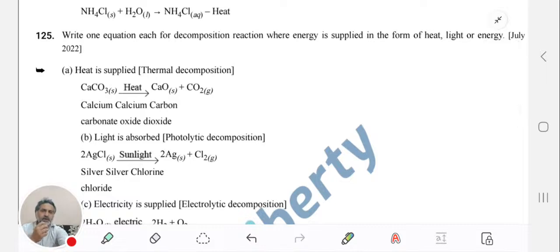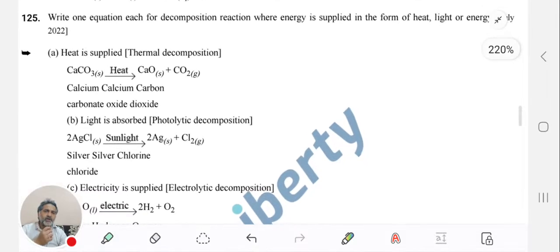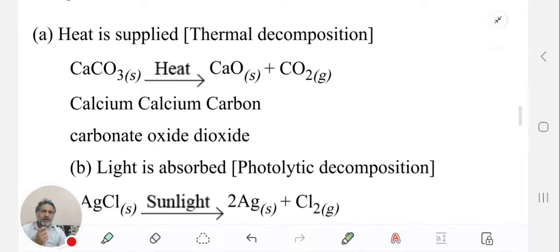Question number 125. Write one equation each for decomposition reaction where energy is supplied in the form of heat, light and electricity. So these are the types of decomposition reaction. Three types of decomposition: thermal decomposition, photolytic decomposition and electrolytic decomposition. First, when heat is supplied, that is called thermal decomposition. CaCO3 solid plus heat gives CaO plus CO2. Calcium carbonate is converted to calcium oxide plus carbon dioxide.